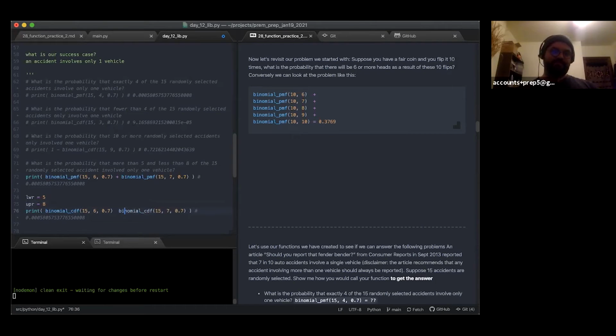We could do the CDF of upper minus 1, minus the CDF of lower, because in either case they're excluded, right? More than 5 does not include 5, less than 8 does not include 8. It's a little funky to have that plus and that minus thing there, but, excuse me, that should be minus, not plus.